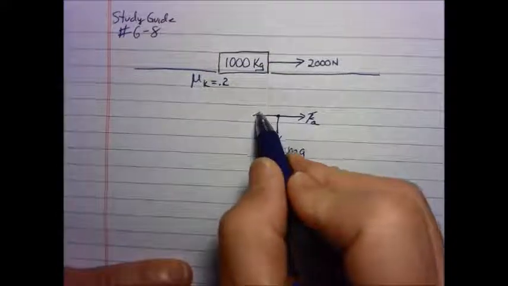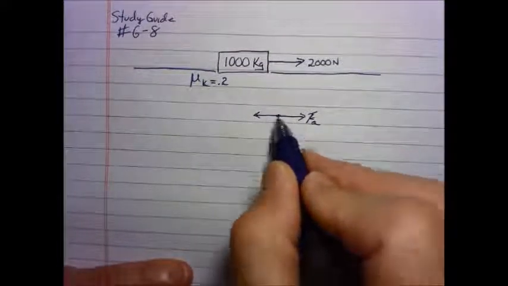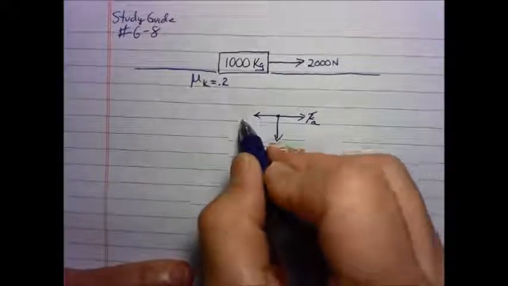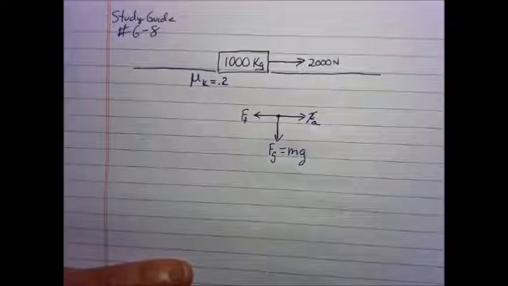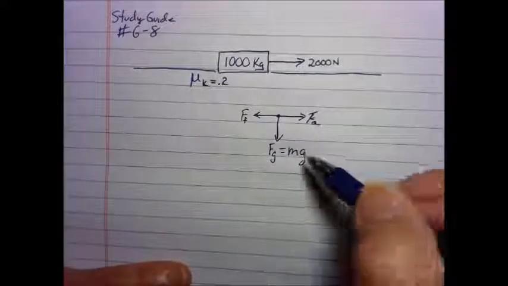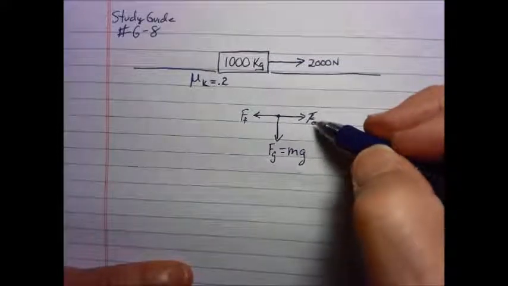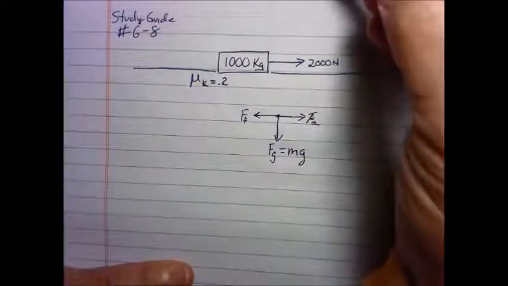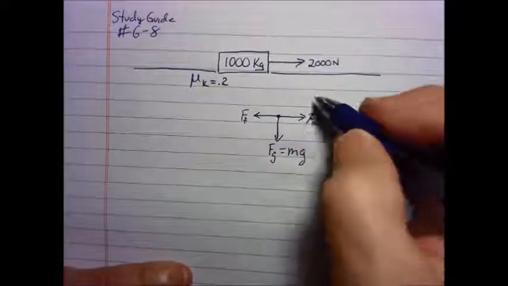Right now, I'm going to draw these vectors close to the same size. I'm not really sure if I'm going to have a net force or not. I think that's going to depend on how some of these numbers work out. Well, the last problem says calculate the acceleration, so I bet there's going to be a net force.